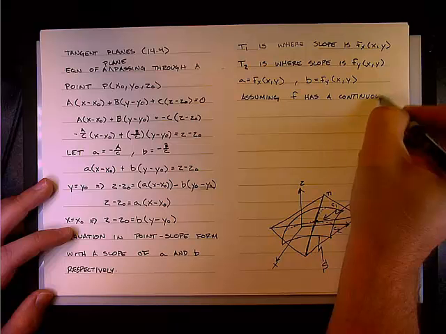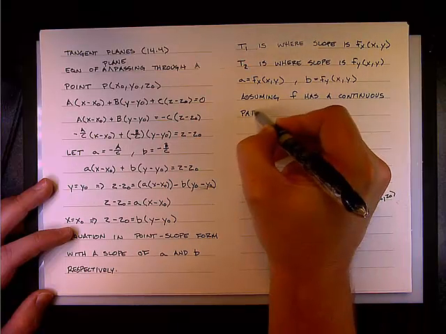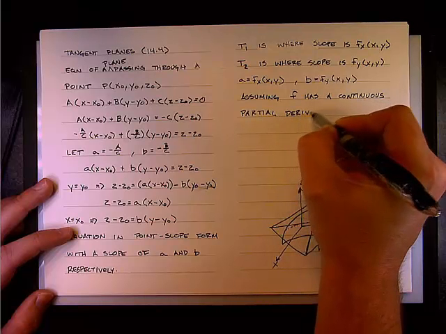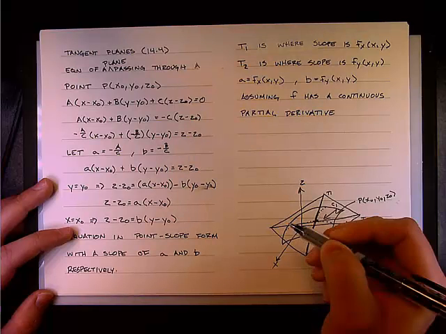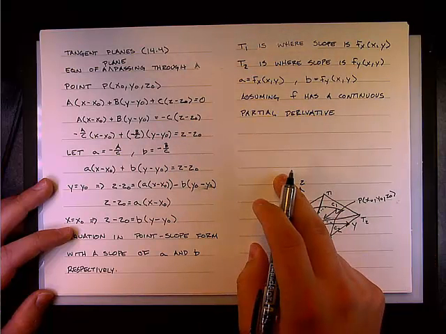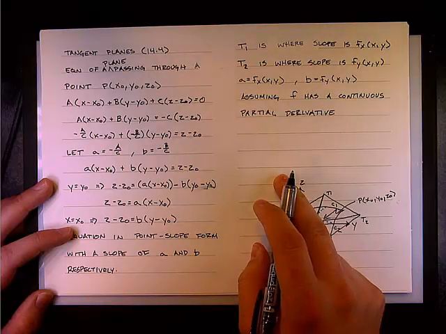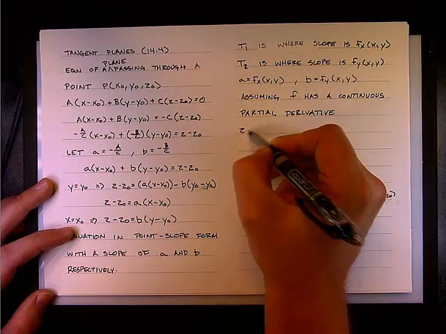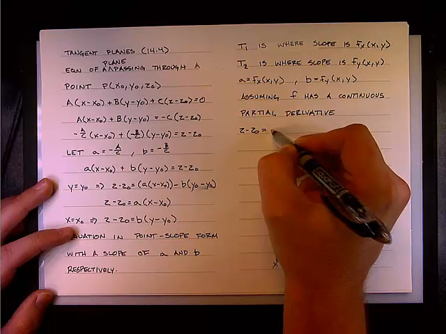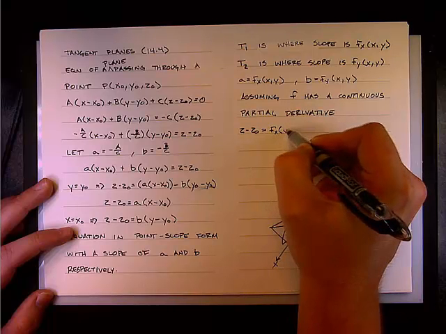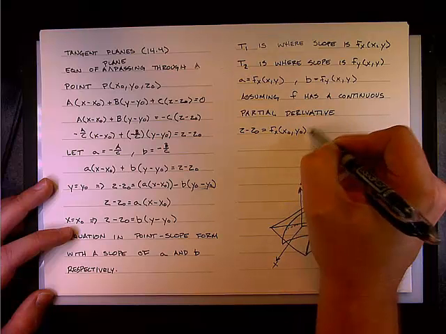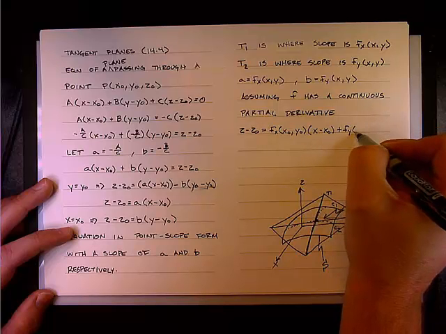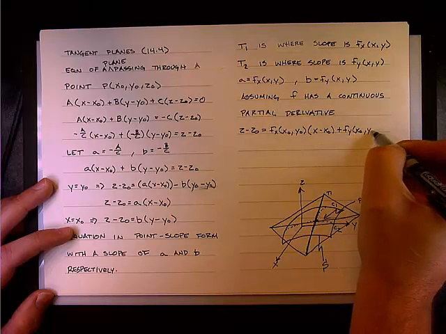So knowing that, we have to make one assumption, and the assumption is that f has continuous partial derivatives. So assuming that, we can say that the equation for a tangent plane to a surface is going to be given by this equation.